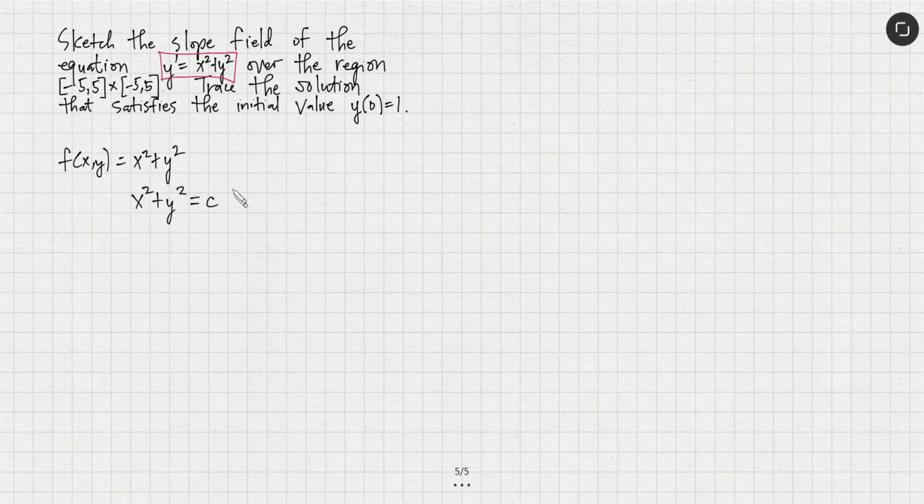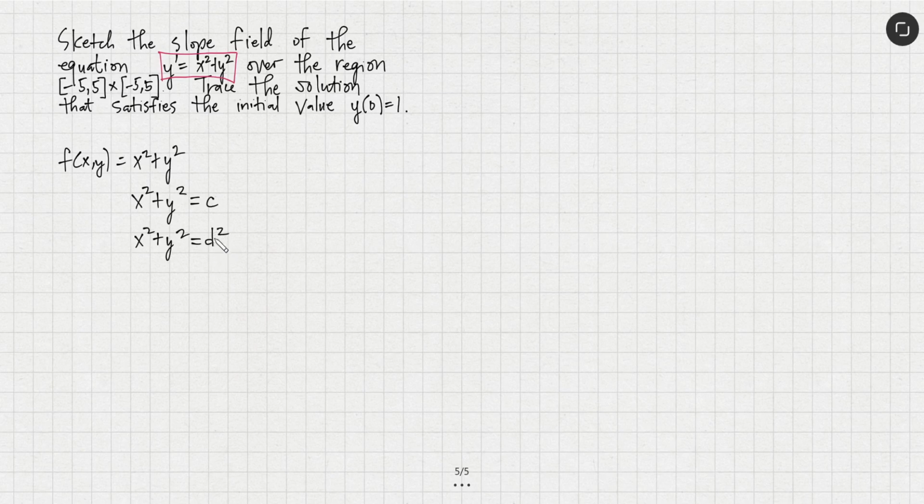So ano yung mga graphs ng x squared plus y squared equals c? These are circles with radius square root of c with center at the origin. Now, gusto nating mamili ng mga values ng c in such a way na madali natin mag-graph yung isocline. So, instead of just using c, I will choose to use perfect squares instead.